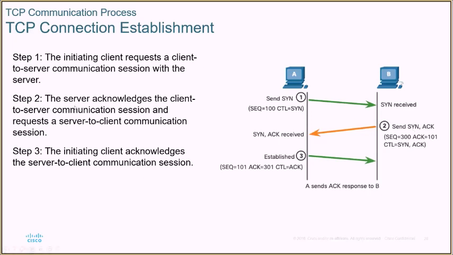And so then the server acknowledges the client to server communication session and requests the server to client communication session. So basically the SYN will open up that other one, and the acknowledge says, hey, yeah, cool, I see that, I'm all right for that to happen. And so then the client sends the last packet in the three-way handshake, which is purely an acknowledgement packet, saying, yeah, all right, I acknowledge your SYN request.